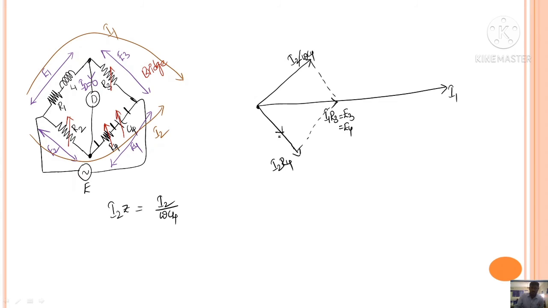So you will have I2 here, or I can consider this as I2 into R2. Now what is I2 into R2? I2 into R2 is the same as E2. E2 is nothing but E1. But what is E1? E1 is the resultant of R.